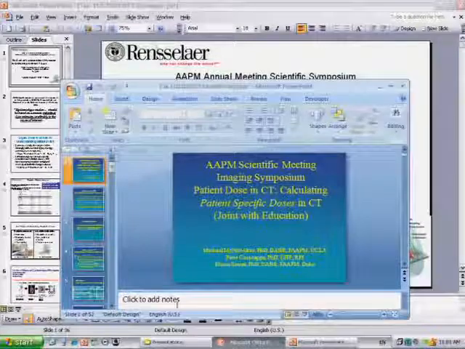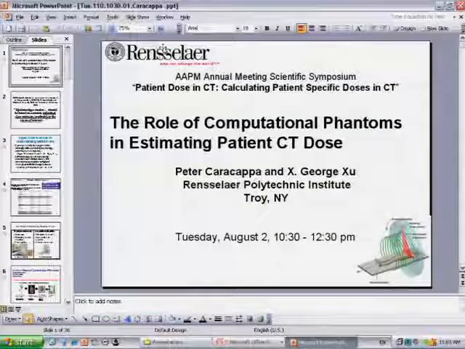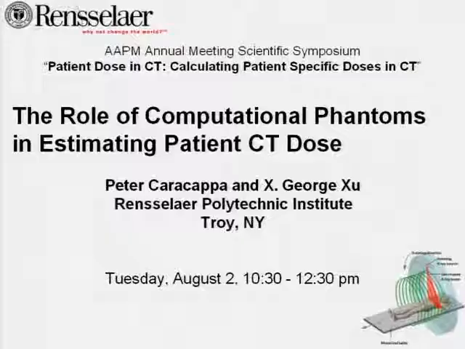Go ahead. I was just curious how you determine the tube spectra from the different scanners. Okay, it's a good question. In the first stage, we actually had a lot of cooperation. I should have acknowledged the technical support we got from GE, Toshiba, Siemens, and Philips, where they actually shared with us their spectra.